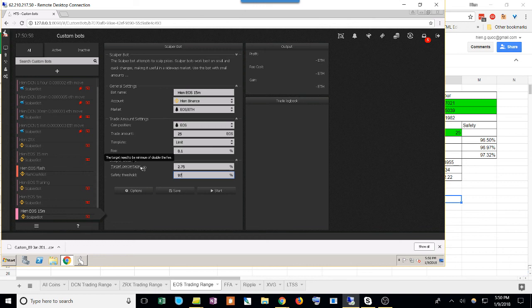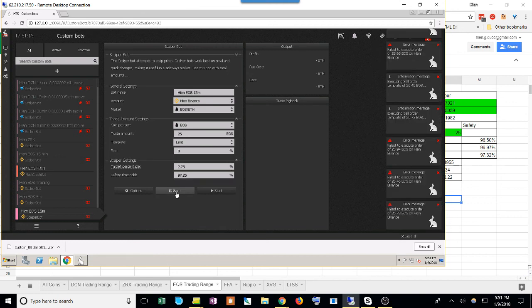Trade fee 0 because I already took account of that in my target percentage. And save. Now if you notice, if you don't set the fee to 0, it'll leave some EOS behind and start accumulating EOS from higher prices and stuff. So I didn't like that.